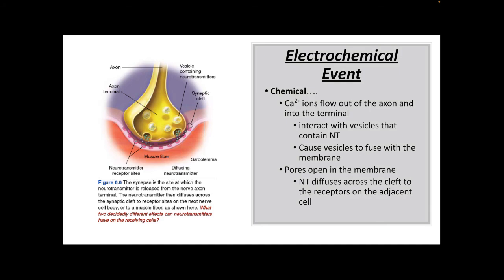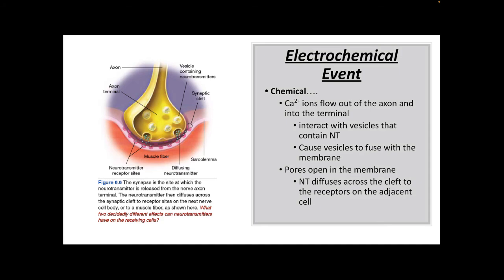First of all, the main communication that neurons have with each other and with muscles is going to happen through the synapse. The synapse is the gap between the end of an axon terminal and the start of another neuron or a muscle fiber. Action potentials rely on electrical impulses.